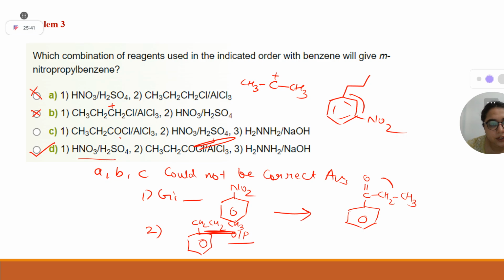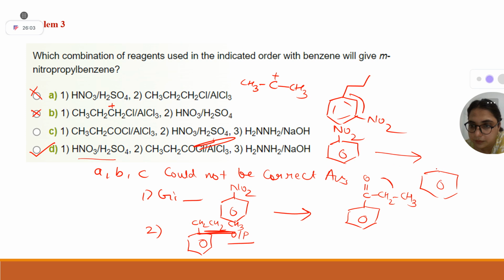Here I am having one doubt. We have to wait. HNO3, H2SO4, then they are doing hydrazine hydrate. And in the next step, they are doing HNO3, H2SO4, then acylating it with COCH2CH3.